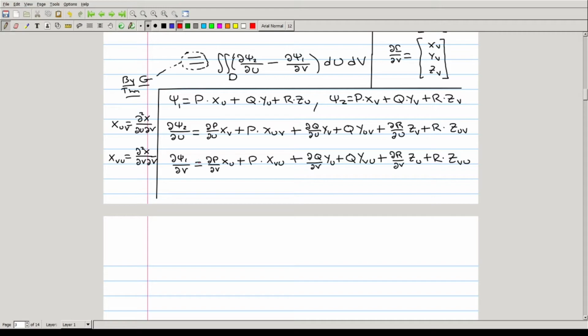And so the idea is that when I take d psi 1 dv and subtract that from d psi 2 du in this double integral, we get a cancellation here. So these two terms cancel out, and we get a cancellation here.